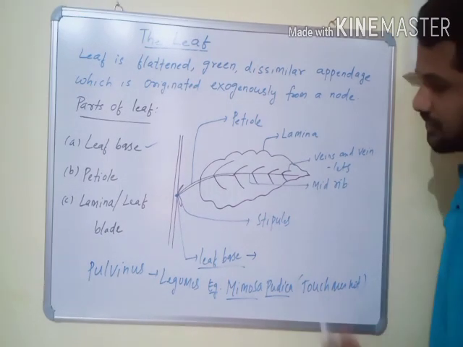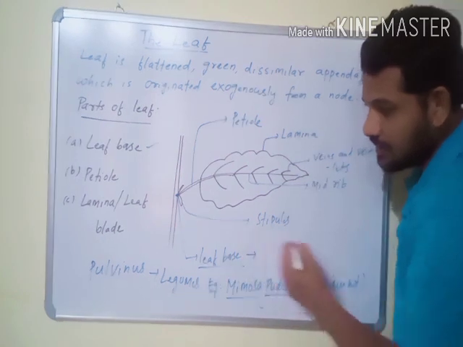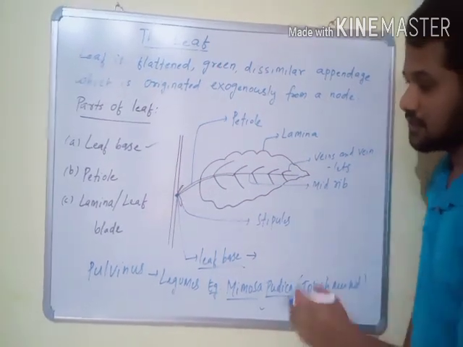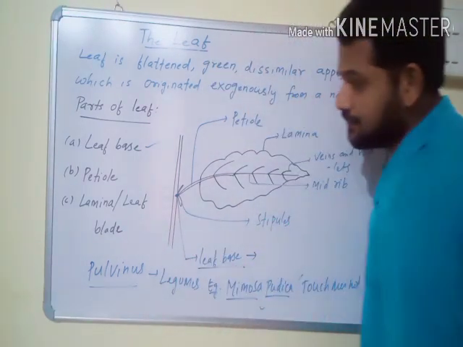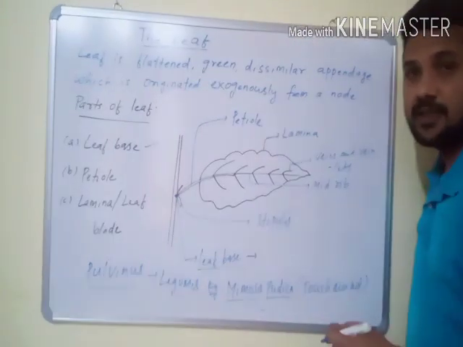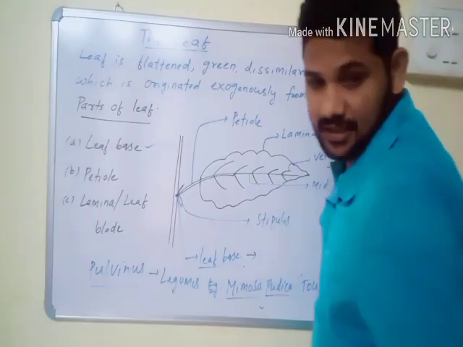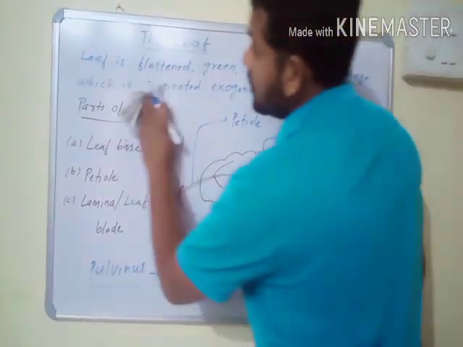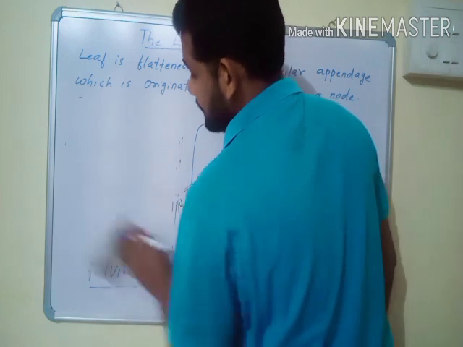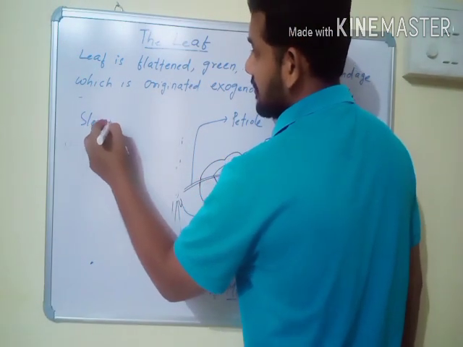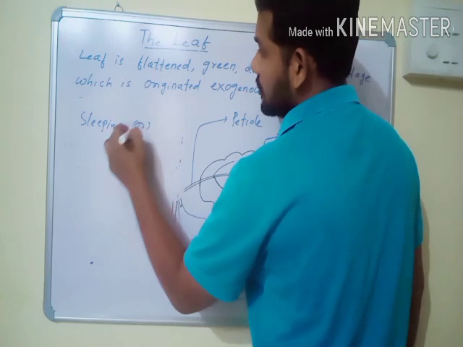In Mimosa pudica, the leaf base stores a large amount of water and becomes swollen, and this swollen leaf base is called pulvinus. And what is the function of pulvinus? Pulvinus helps in sleeping or shock movements of the leaf.